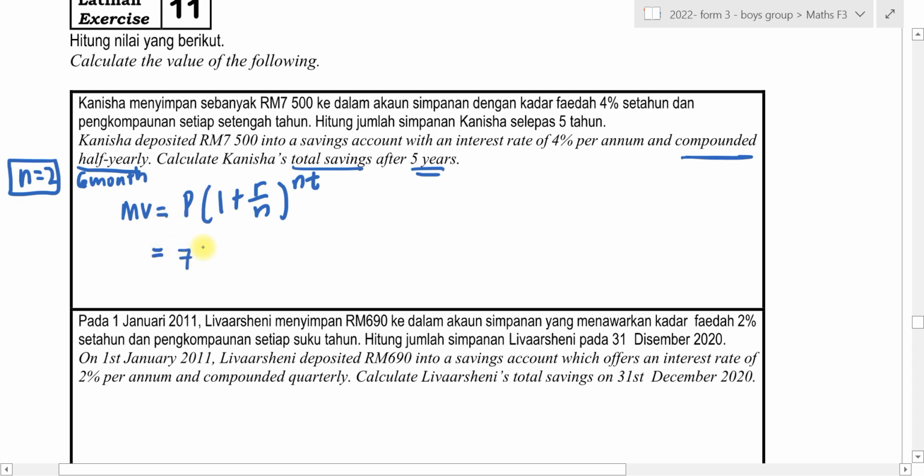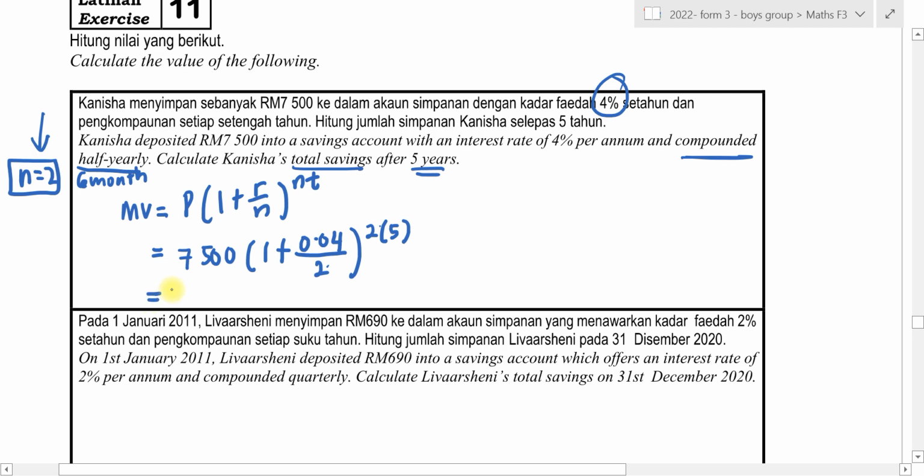So principal is 7,500. Tan is going to help me calculate this. 1 plus r. Your rate is 4%, so 0.04. n equals 2. This 2 goes up as a power and multiplies with the time. Time is 5 years.